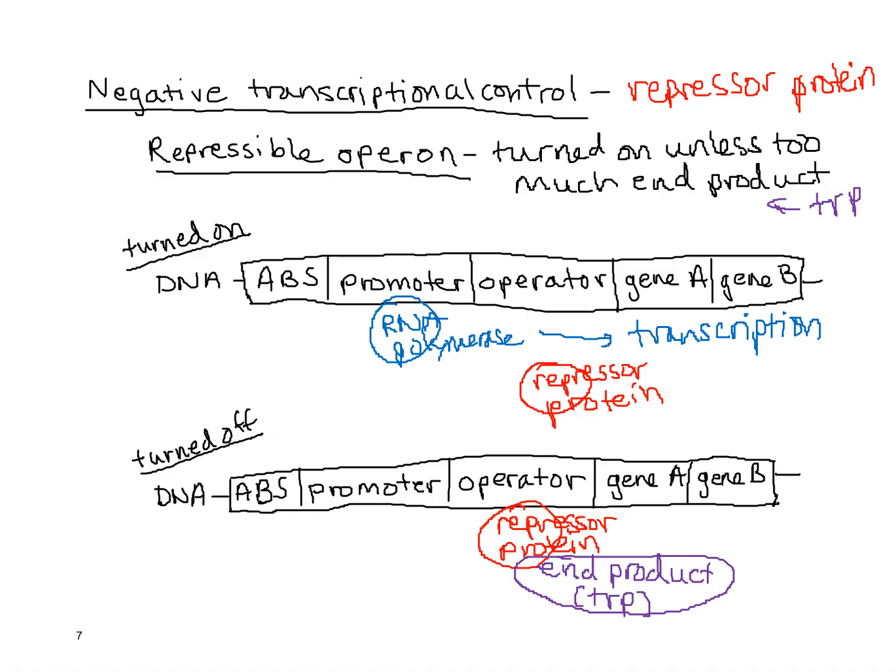Now the repressor protein is in the way, so RNA polymerase can't bind to the promoter, and there's going to be no transcription. That'll turn our operon off, which is good because we don't want to make any more tryptophan since we've got too much of it.